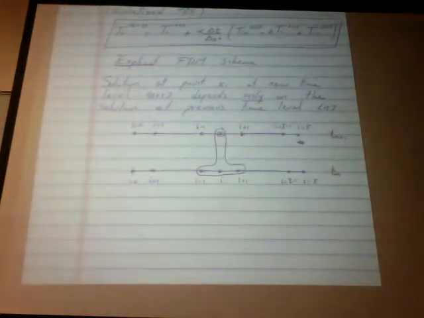Any generic point, and this corresponds to T n plus 1, and this corresponds to Tn. So the solution here will depend on the solution on those 3 points on the previous time level.